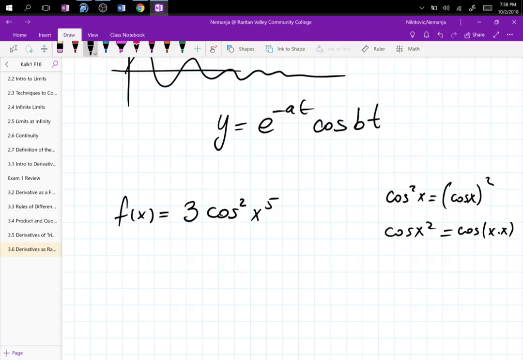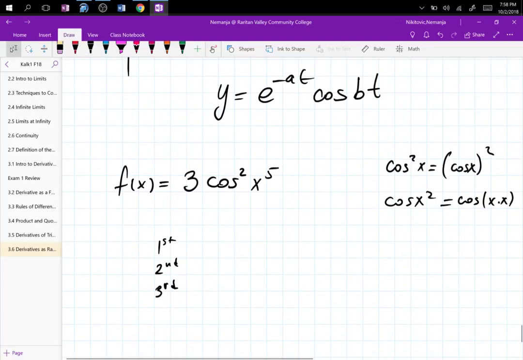So now when you look at this, you know that this cosine has the square on everything. So this function, when looked at from far away, is actually an x squared function. So you have layers. First layer, second layer, third layer.